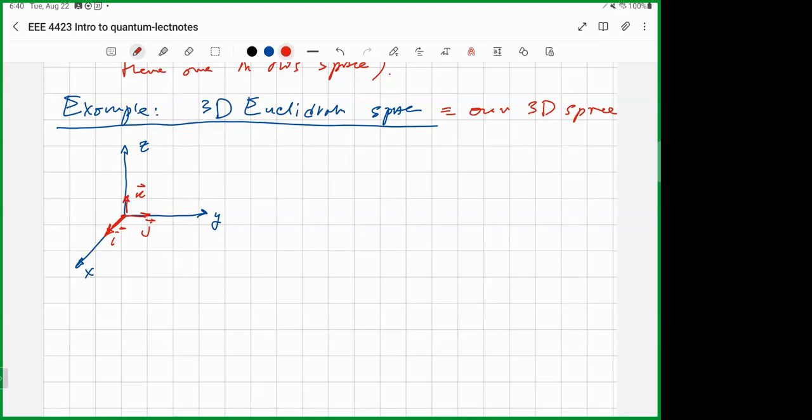These three vectors i, j, k are orthogonal, meaning that if I move along Y, X and Z don't change. If I move along X, Y and Z don't change. This is exactly what makes these vectors linearly independent.